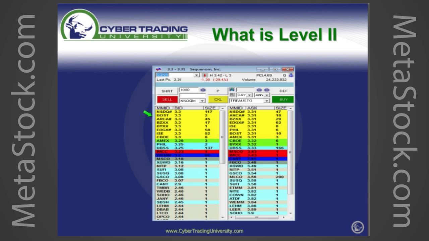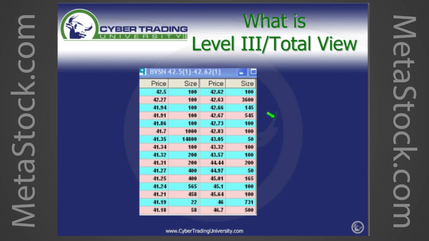This is the brokerage firm, their 4-letter abbreviation. This is the actual price that they're looking to buy for, and this is the amount of shares they're looking to buy. Everything there is multiplied by 100. These are the people that are looking to sell it, the price they're looking to sell it for, and the amount of shares they're looking to sell. So it's like a negotiated market. Now you're seeing all the buyers and sellers, what they want to buy and sell the stock for.